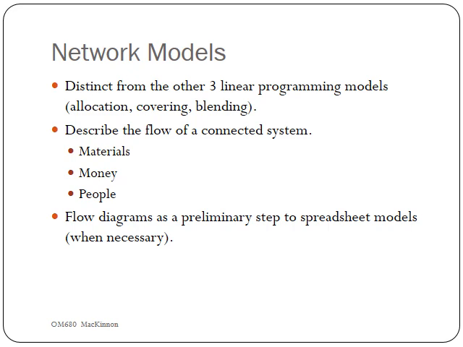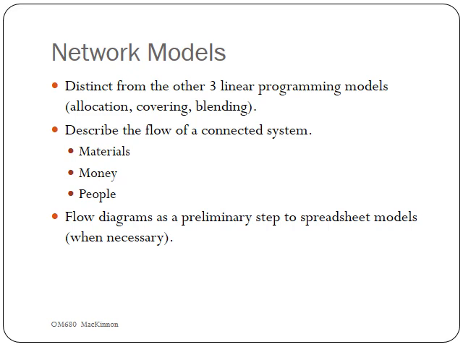Any type of connected system has things that flow, and typically any kind of flow has a cost associated to it. And so often a network model will be concerned with minimizing the cost of the flow of a system. One of the things that we will introduce in this chapter is the concept of flow diagrams that we can build as a precursor to actually building the spreadsheet model.